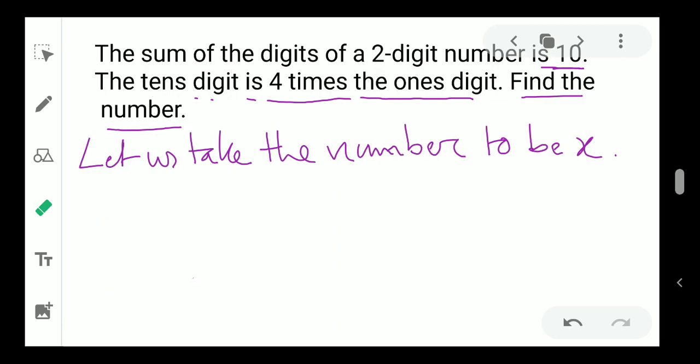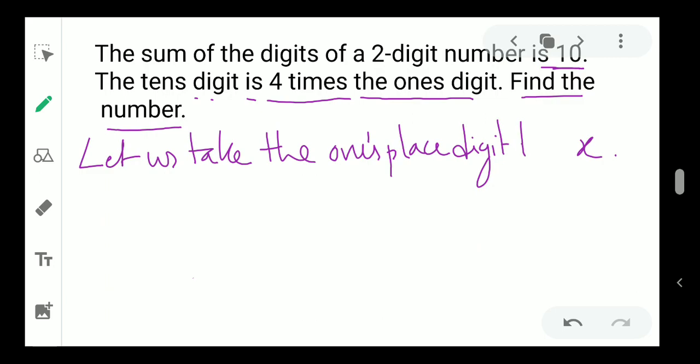So let us take the ones place digit to be x.